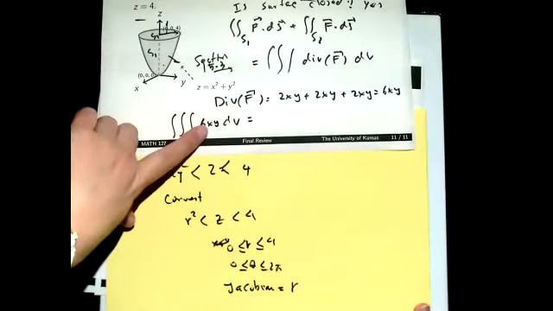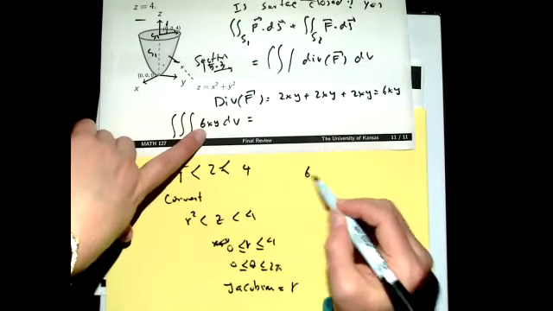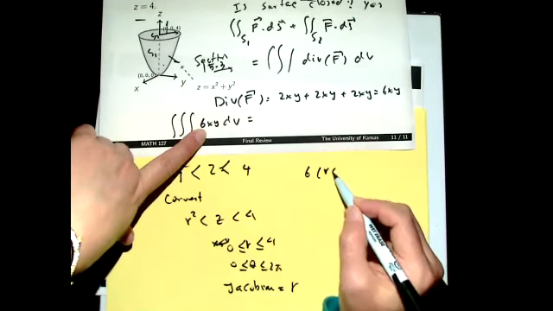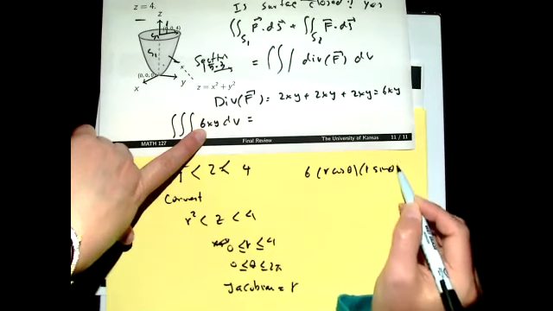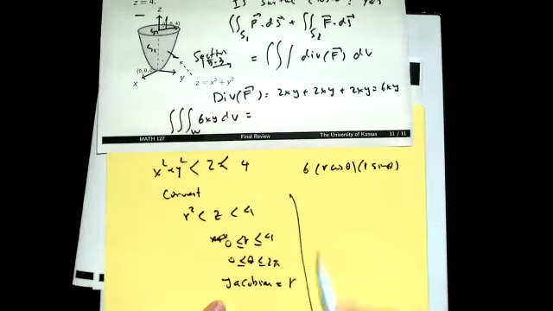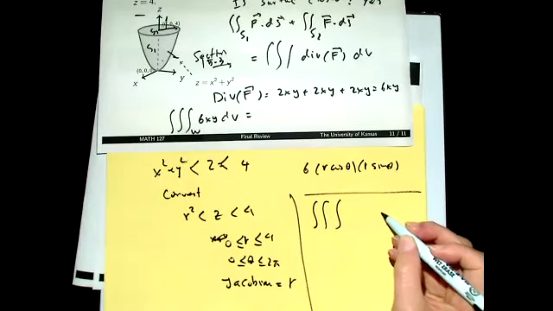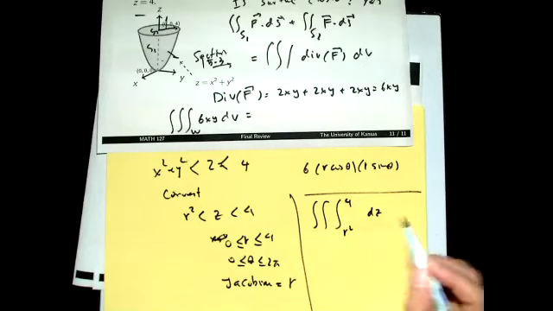Oh, wait a minute. x and y have to be converted to r cosine theta, r sine theta. Okay, I converted everything. Let's compute. Triple integral, dz runs from r squared to 4.